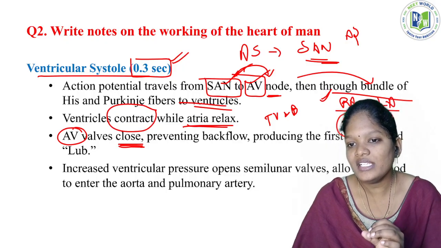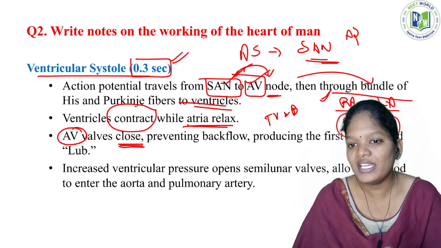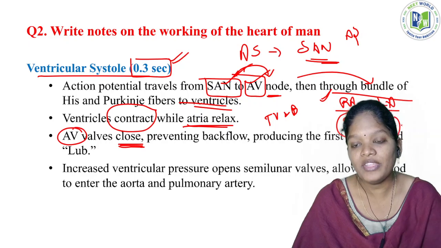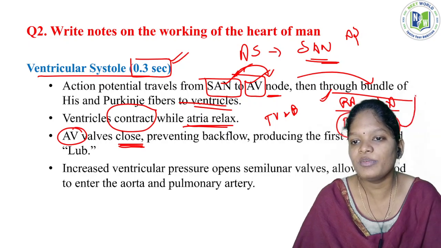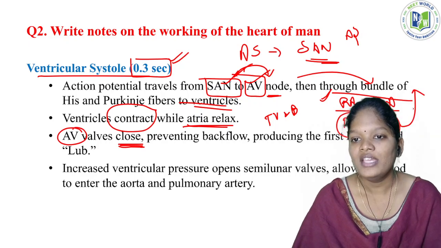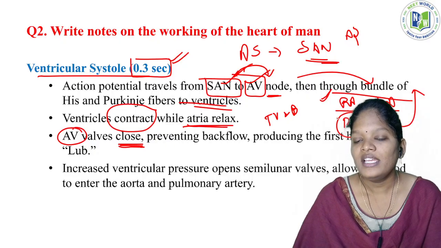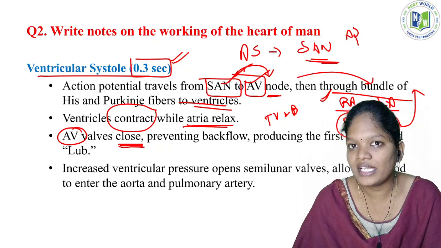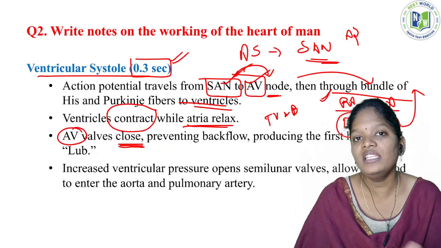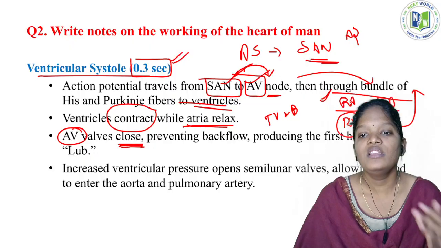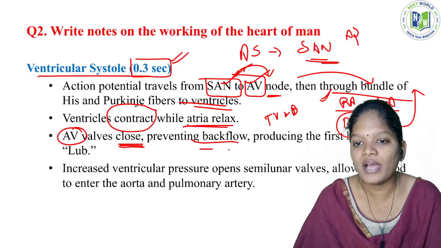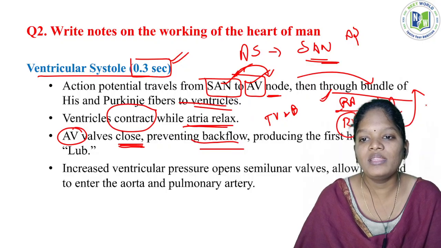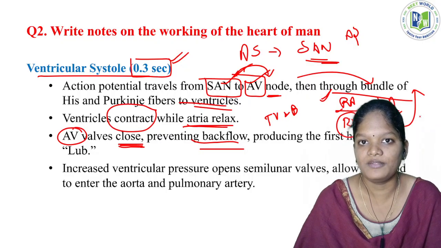When the ventricles start contracting, the blood has to enter the pulmonary artery, and from the left ventricle it enters the aorta. If the valves were not present, the blood would flow back into the atrium as the ventricle contracts. To prevent this backflow, the tricuspid valve and the bicuspid valve get closed.